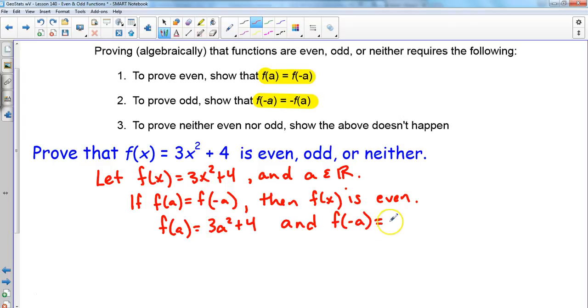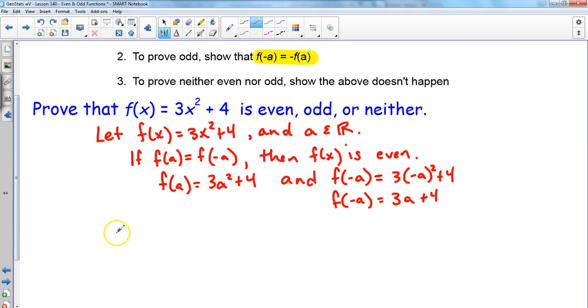So f of negative a is going to be equal to 3 times negative a squared plus 4. And we simplify that, and we get 3a squared plus 4. So here we can compare these two. f of a equals f of negative a, and so we're done. We've just shown that this function is even because this particular property holds.